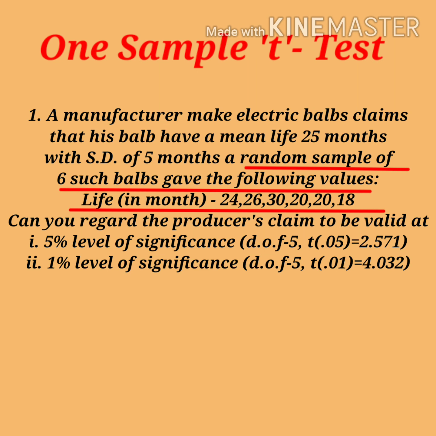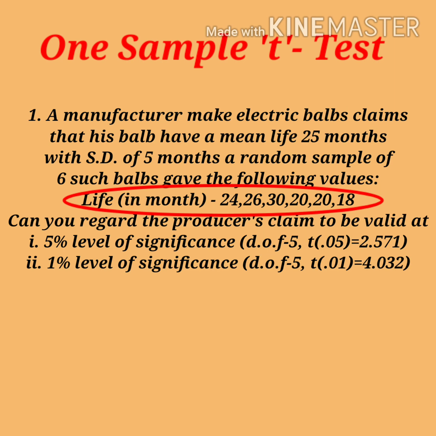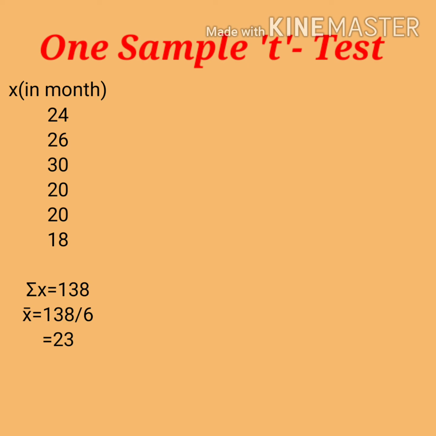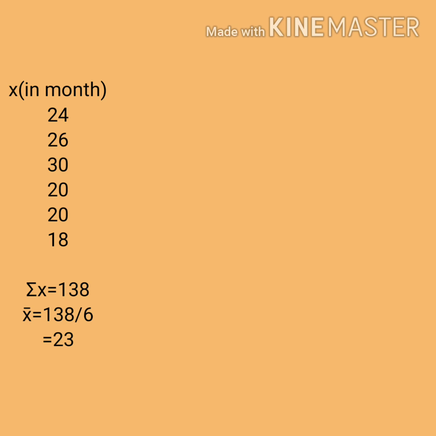Clear? As we have selected a sample to judge the producer's claim, first we will have to find the mean of the sample. So the mean of the sample means the average life of the bulbs in months which we have selected. So in the first column we have written all the selected sample values, that is 24, 26, 30, 20, 20 and 18, and we have calculated the summation and we get 138.